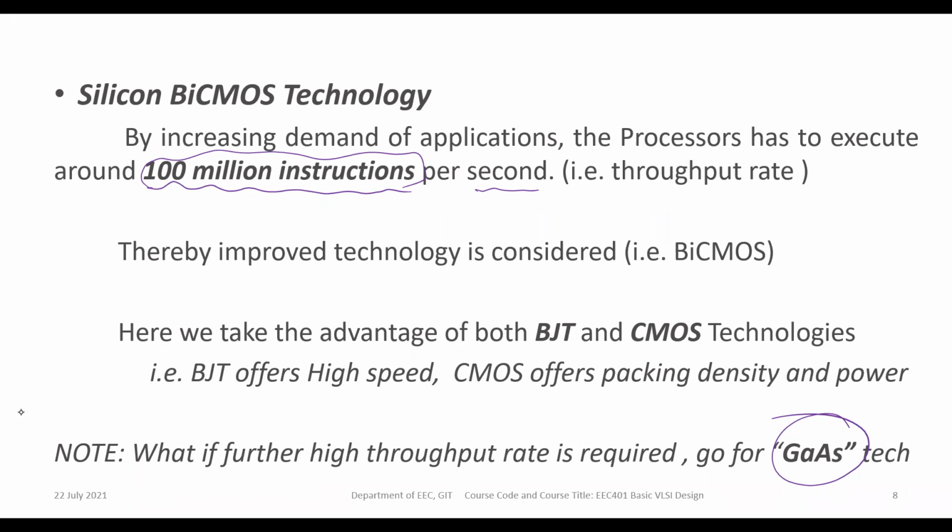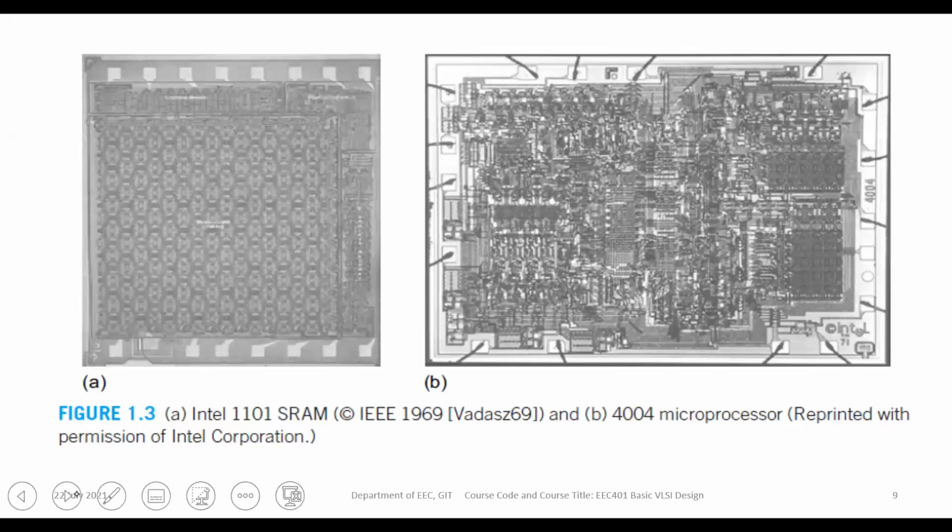If you are able to introduce a new technology, there will certainly be some growth in that part. In the initial days, when people realized the integrated circuit, first they realized SRAM. So this is an SRAM, and this is a 404 microprocessor.